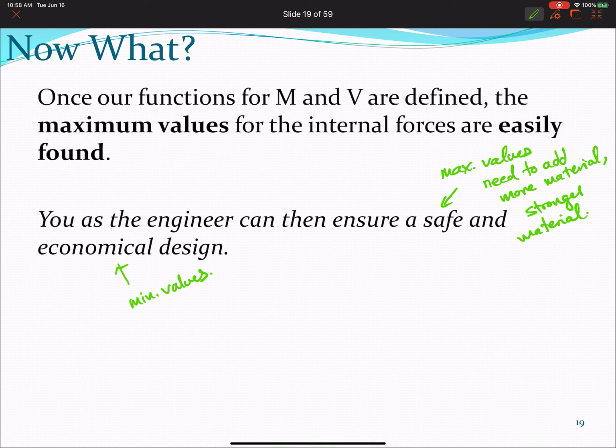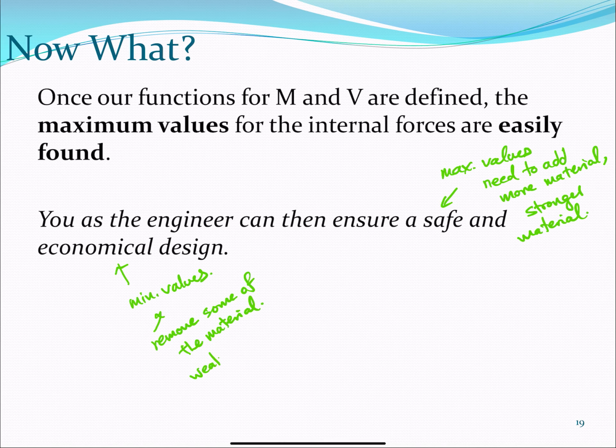For minimum values, maybe you can remove some of the material, so you can make your member cheaper, right? Or you can use a weaker material, right? So for economical design, you're interested in the maximum and minimum values.